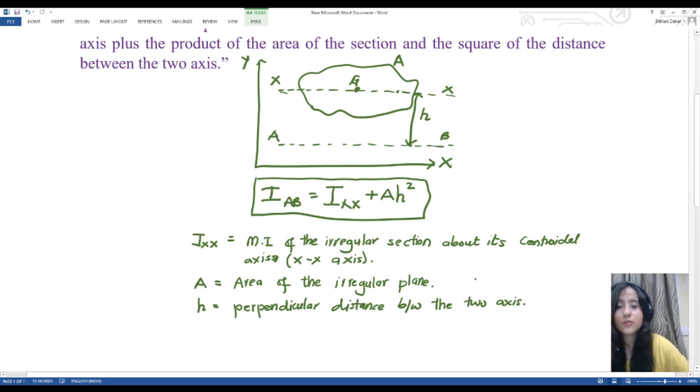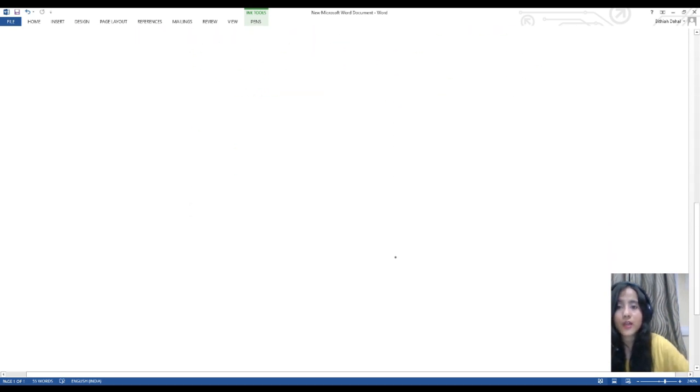Okay. Now similarly, if I want to find the moment of inertia about Iyy, let us draw the plane first, right?